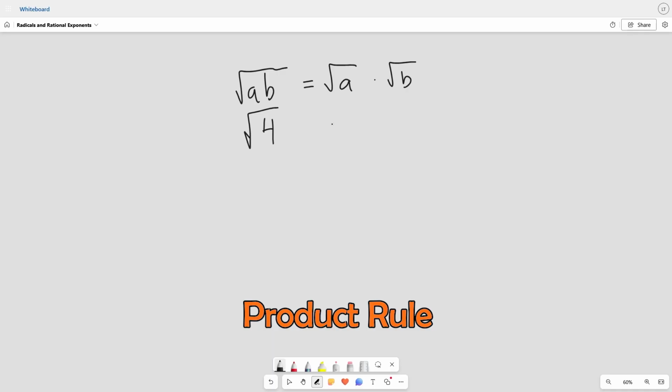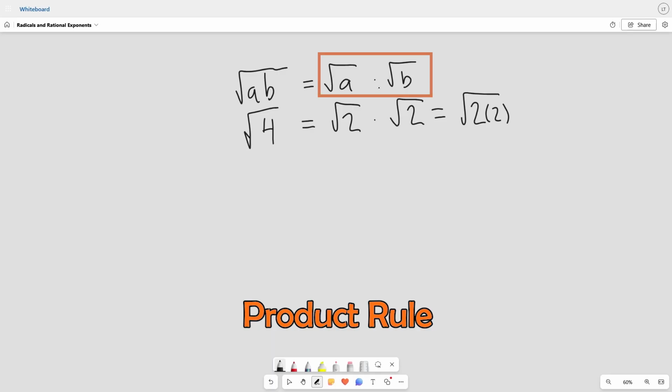You can actually think of that as square root of 2 times square root of 2, because this is basically just square root of 2 times 2. So you can separate it out that way too. There are times where it may be two variables and you just separate it out like this.